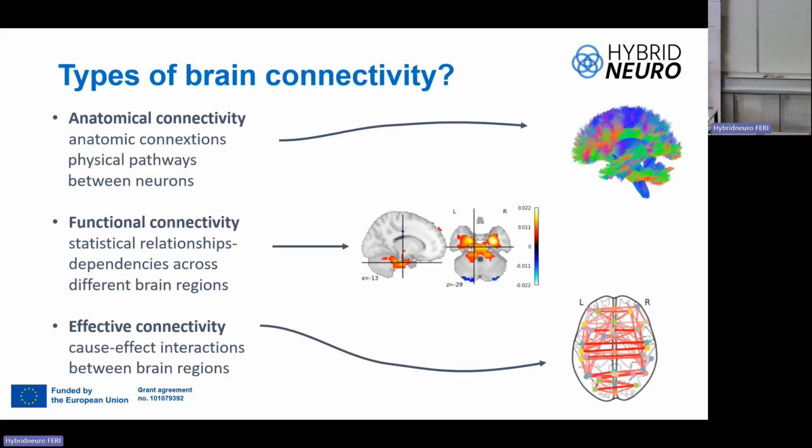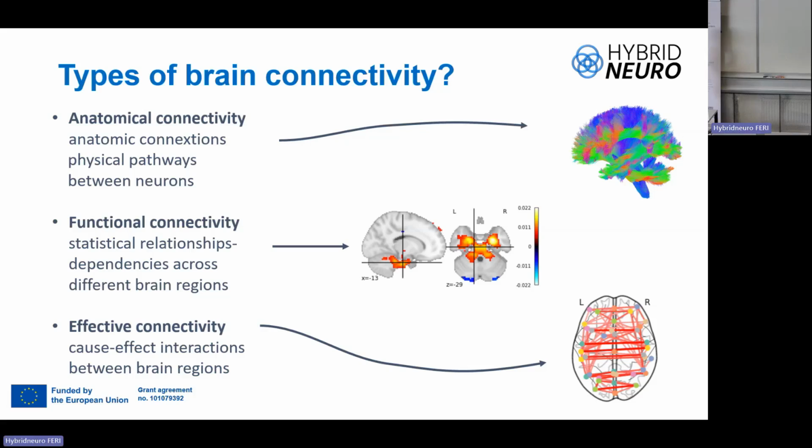There are 3 types of brain connectivity. Anatomical, functional, and effective connectivities. In the case of anatomical connectivity, it is just one region related to another one. This is very simple.